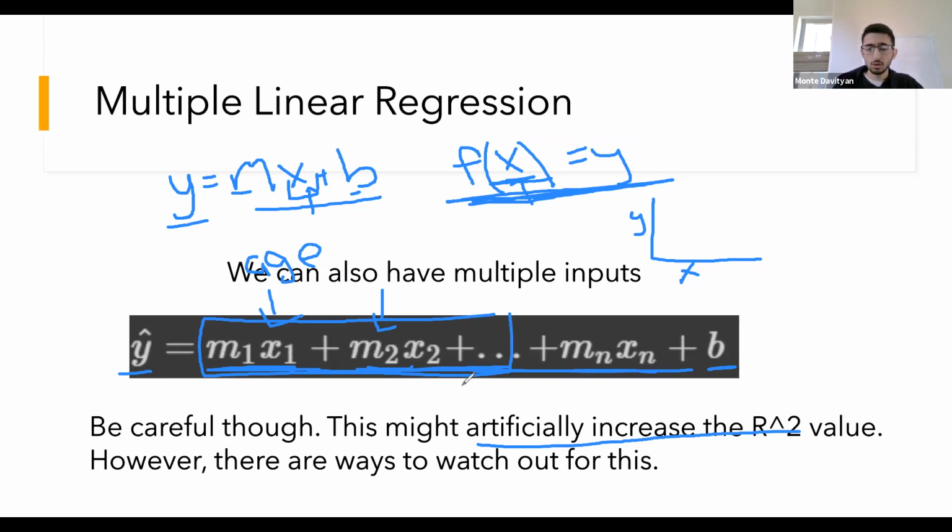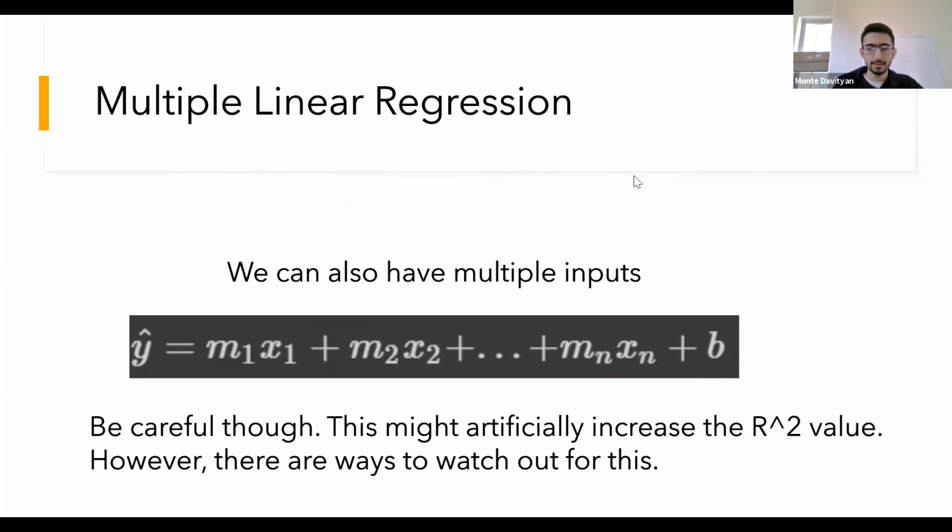I'll talk about how you actually know if it's artificially increasing it, because the way the R squared score is calculated, it kind of benefits from multiple variables. It does artificially increase it sometimes, and we'll talk about how to check if the score is increasing too much.